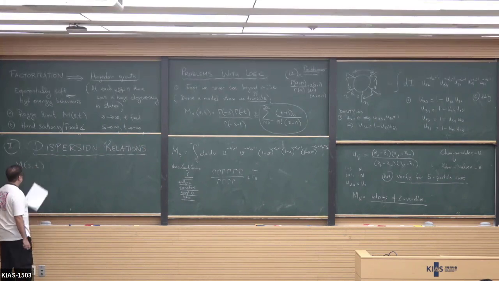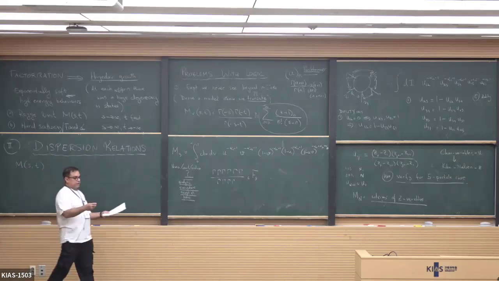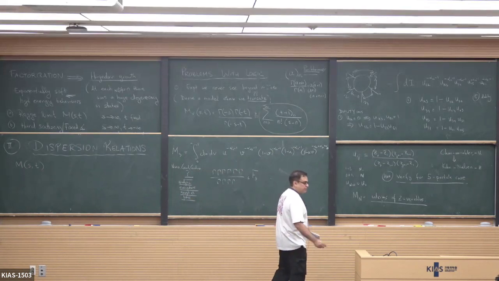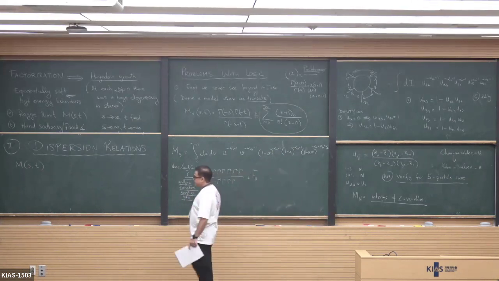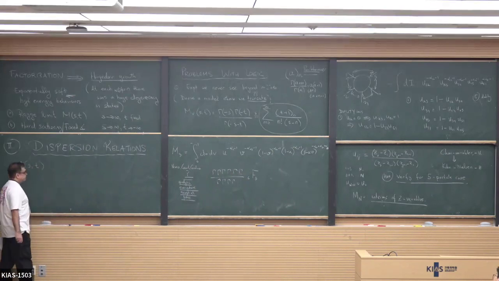It's a function of two variables, S and T. And for simplicity, I'm going to just focus on scalar scattering. This can be generalized to dispersion relations of external particles carrying spin with a bit of effort, but it can be done. So I have a function of two variables.